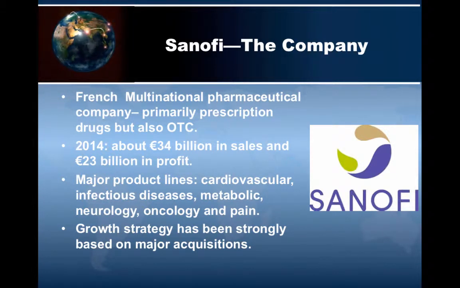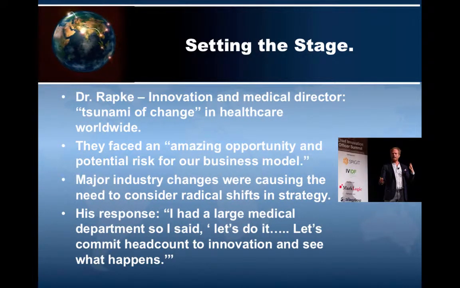Major product lines include cardiovascular, infectious diseases, metabolic, neurology, oncology, and pain. A lot of their growth strategy has been strongly based on major acquisitions, but they've turned a significant amount of their growth objectives and achieving those growth objectives through innovation.